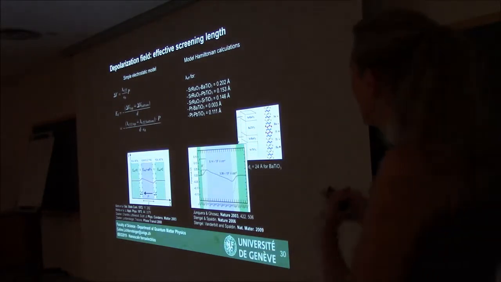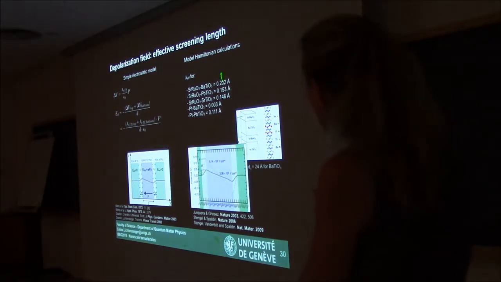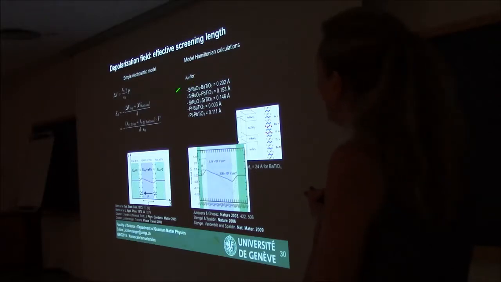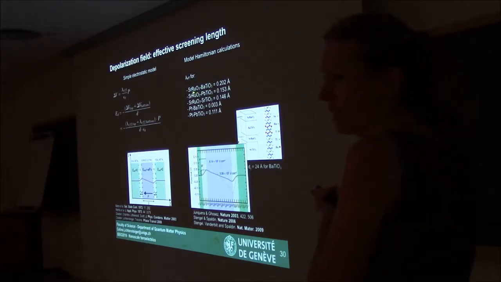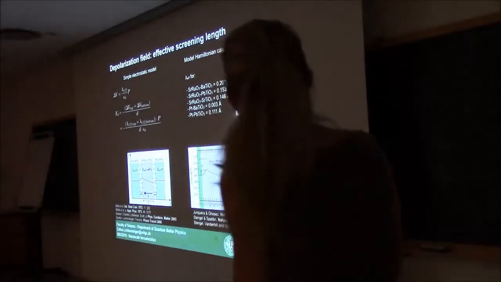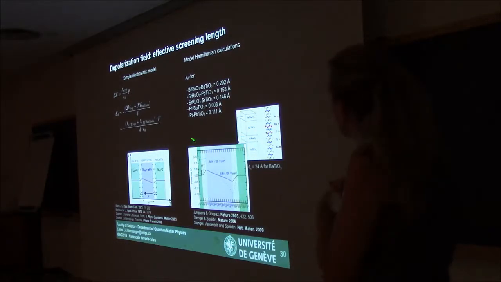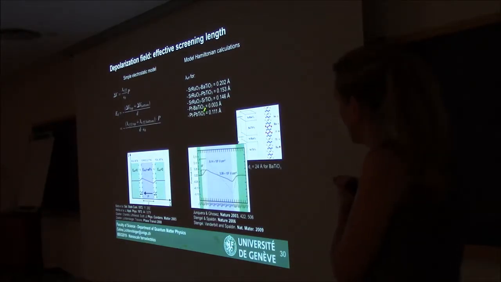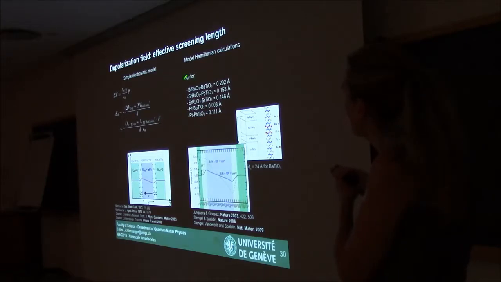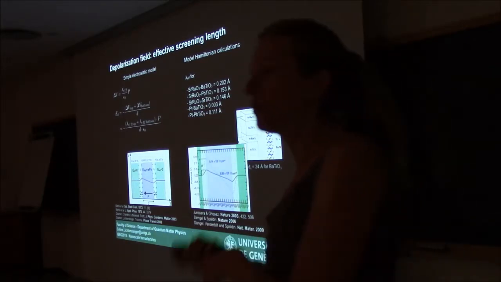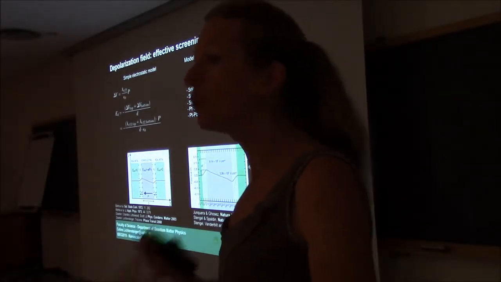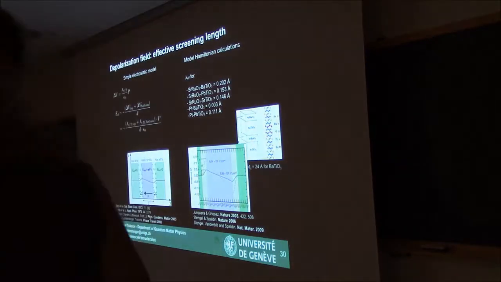And so the interface will be different, so this effective screening length will be different if you use the same electrode, but with different materials. Okay? And so this is quite useful, because now, depending on the ferroelectric material that you are working with, you might have a good idea of what would be the better screening, and so which electrode you would need to work with.